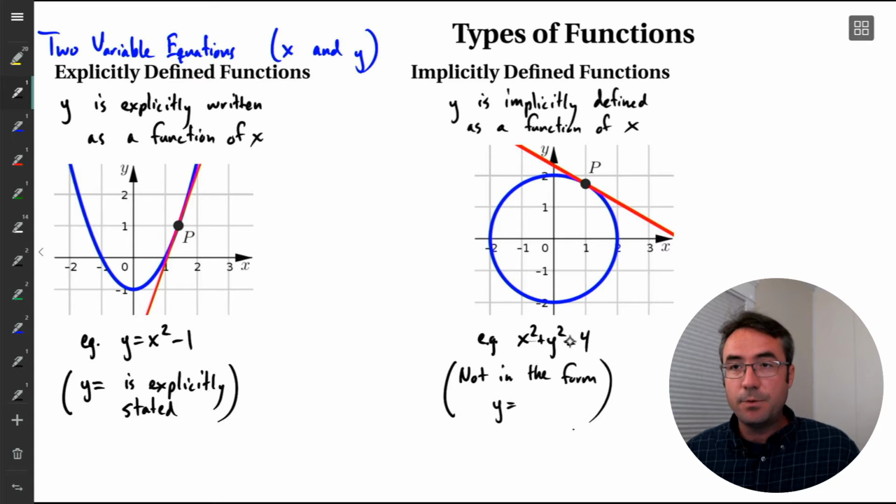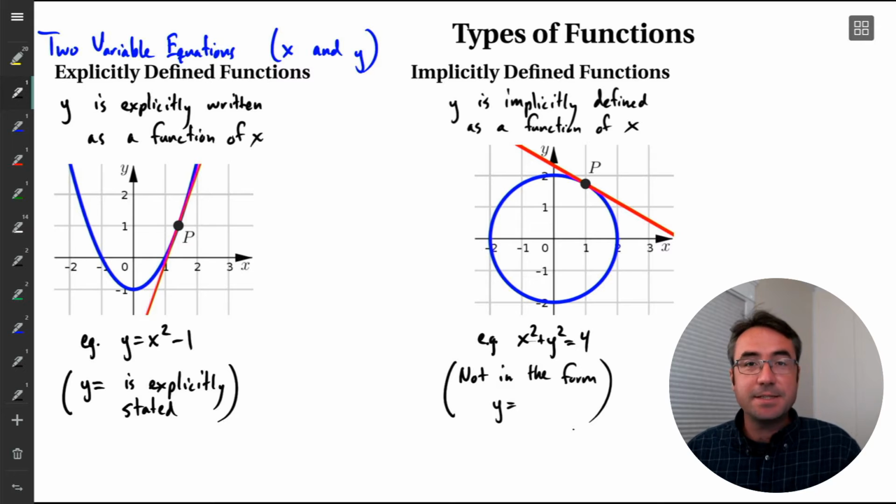We're still going to view y as a function of x, but now we don't actually know what that formula is. So we're viewing y as an implicit function of x. We don't have the actual formula written down. We have this equation that we could potentially use to solve for that formula.